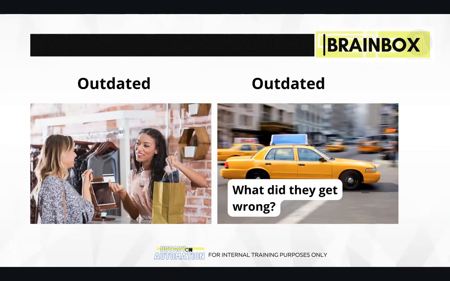Now, one thing that the cabs got wrong, or one thing that Blockbuster got wrong, in anticipating what the next 10 or 20 years was going to look like. And I kind of use that example with Blockbuster and Netflix. Blockbuster was a physical location.